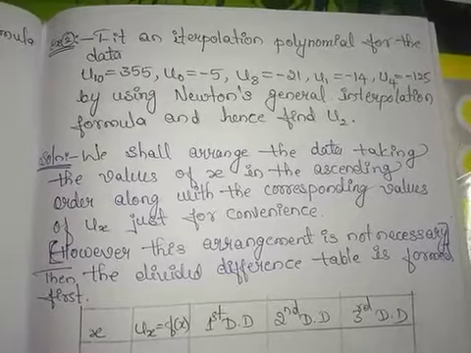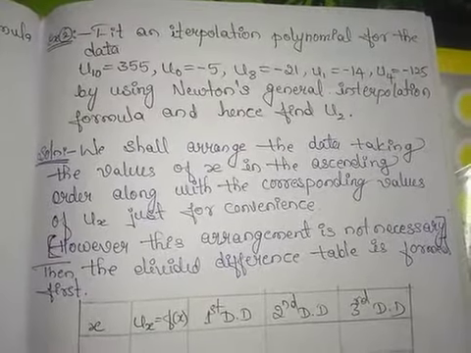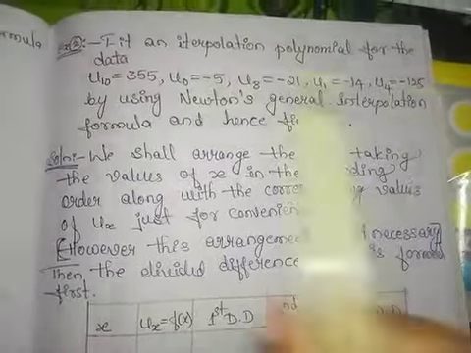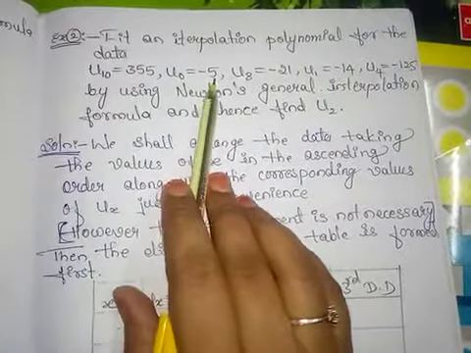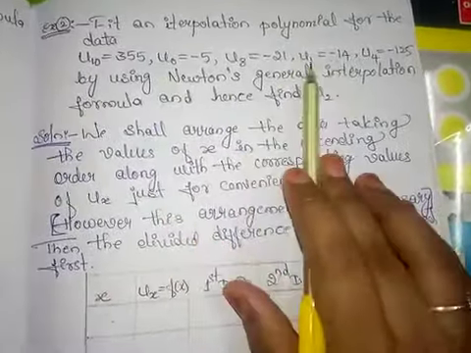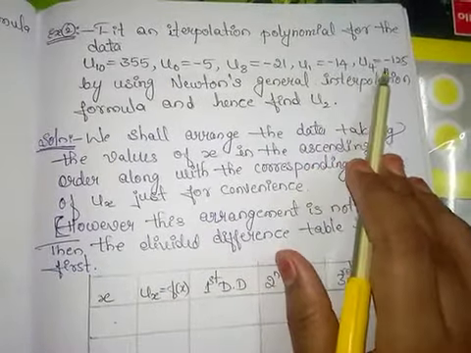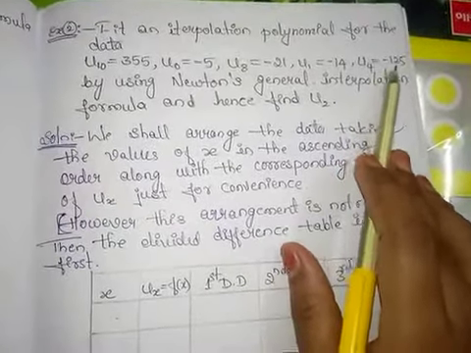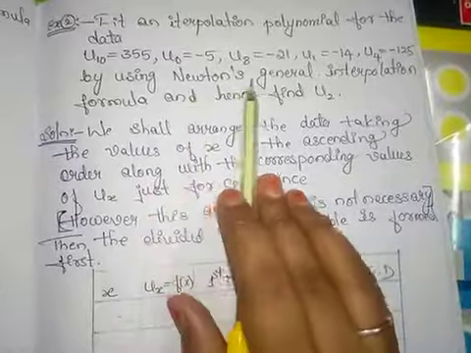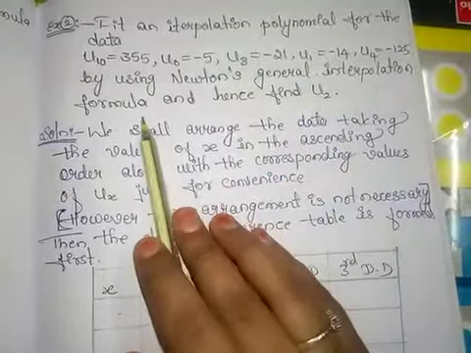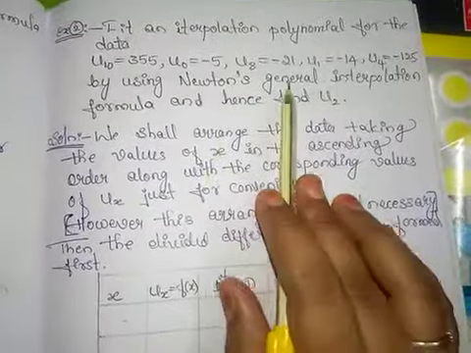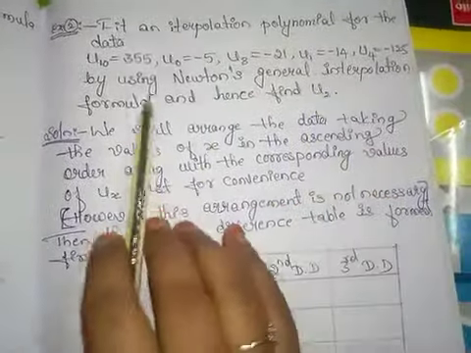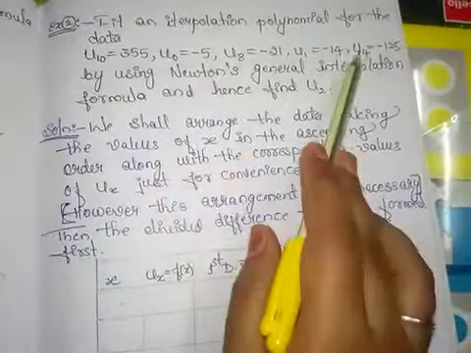Fit an interpolation polynomial for the data u10 is 355, u0 is minus 5, u8 is minus 21, u1 is minus 14, u4 is equal to minus 125 by using Newton's general interpolation formula, and hence find u2. Here the data is given in a different form. These are the values of y.